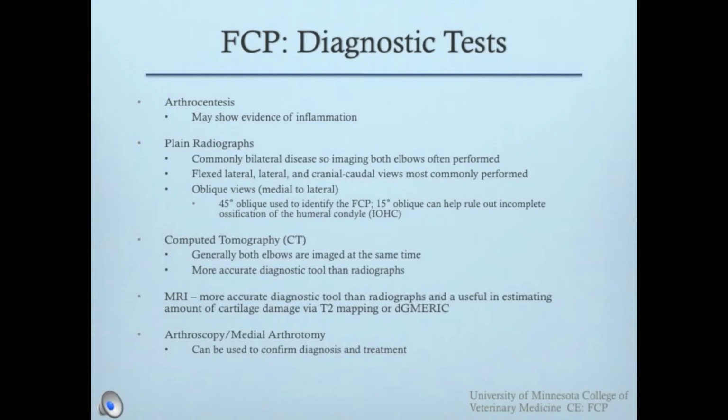CT also has the advantage that both elbows can be imaged at the same time. This is commonly performed because fragmentation of the medial coronoid process has a high incidence of affecting dogs bilaterally. Currently, MRI is the most accurate diagnostic tool, and in advanced centers, special MRI techniques can be used to estimate proteoglycan or glycosaminoglycan content in the cartilage of the elbow. Finally, surgical confirmation of the disease is available.